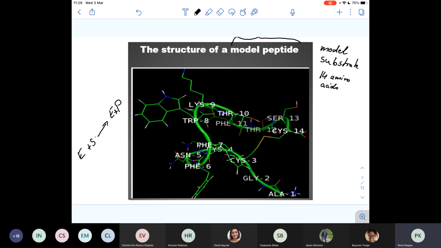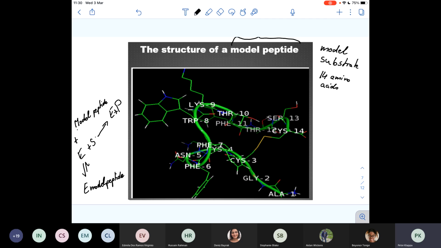But now what we did was what we've discussed with the competitive inhibitors. We used our model peptide as an inhibitor. So we formed an enzyme model peptide complex. And we no longer got the product out.